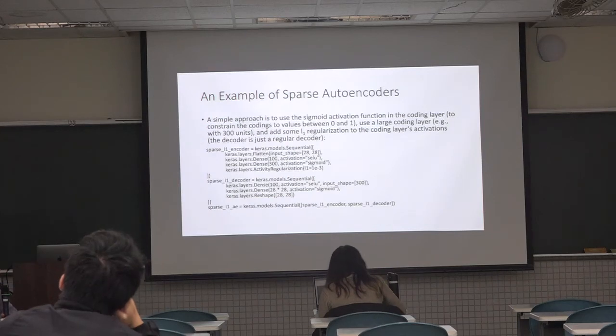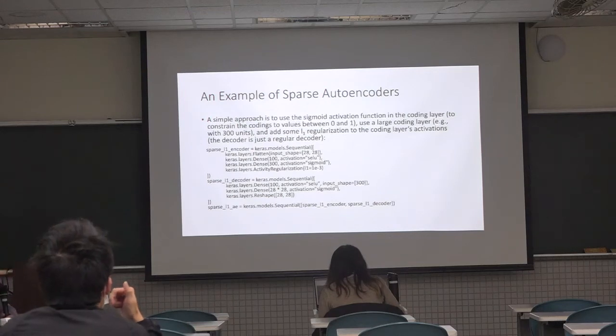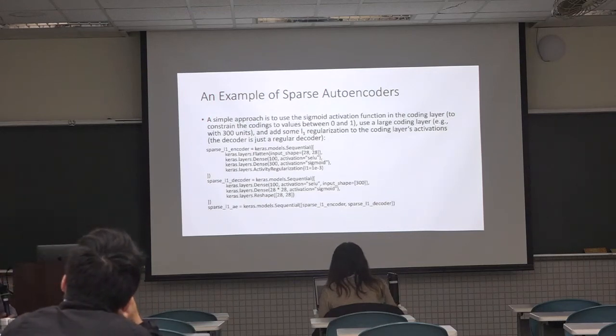If you have 300 neurons in the middle, maybe on average 15 neurons are active. That's 5%, 15 out of 300. But the issue is that the 15 active neurons may happen to be active every time.